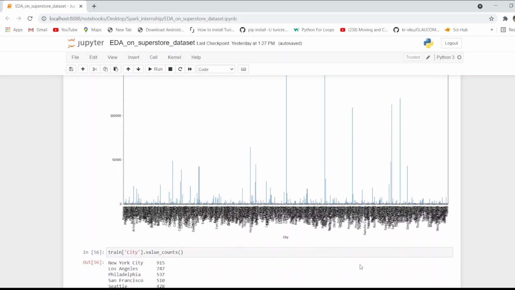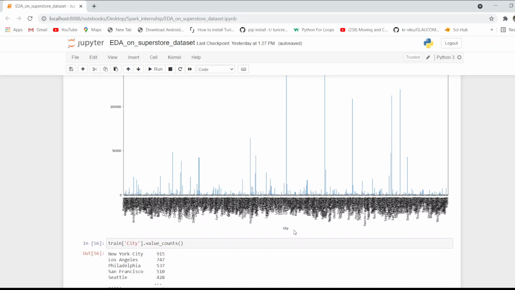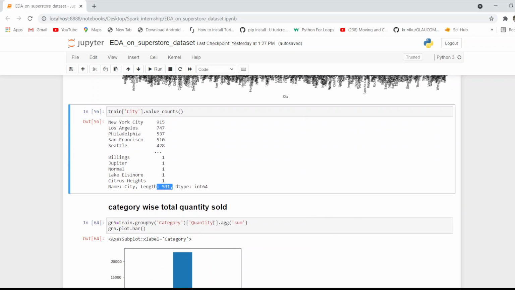The graph is not that clear though, because there are 531 cities present.